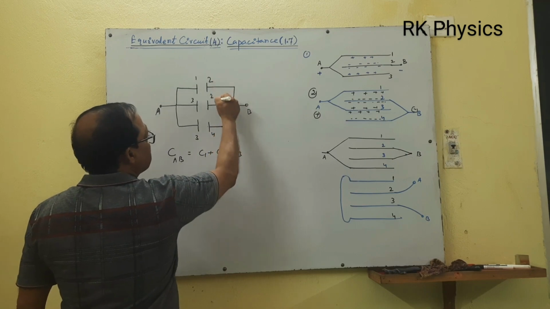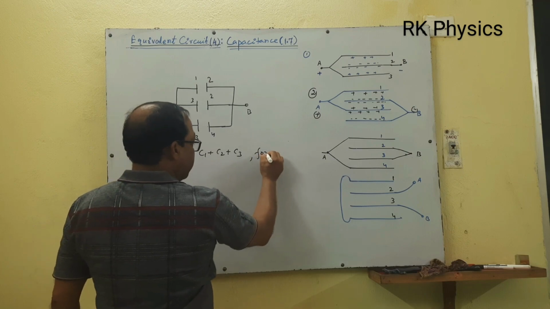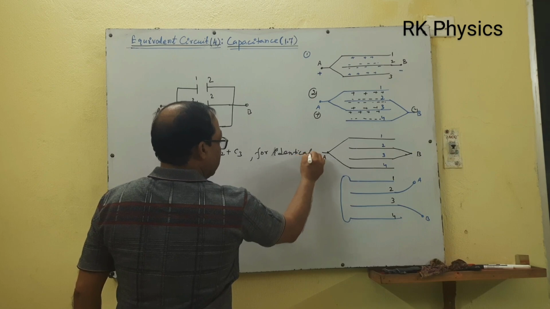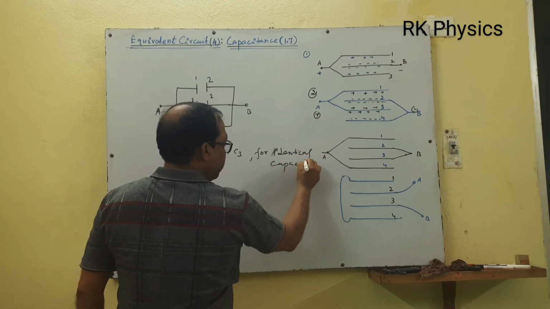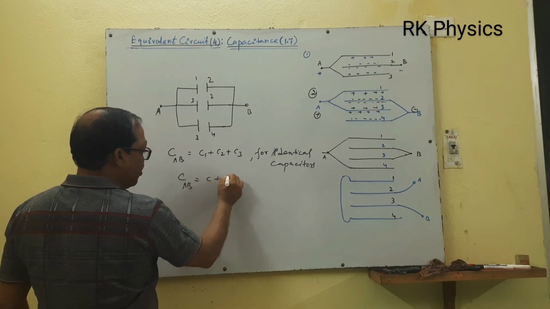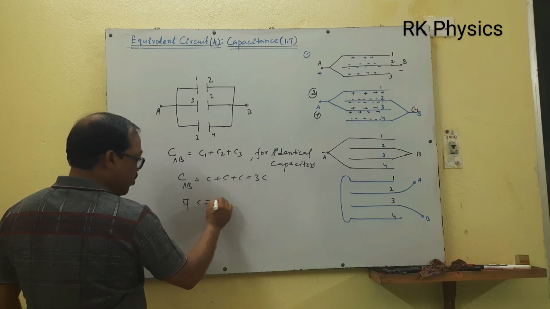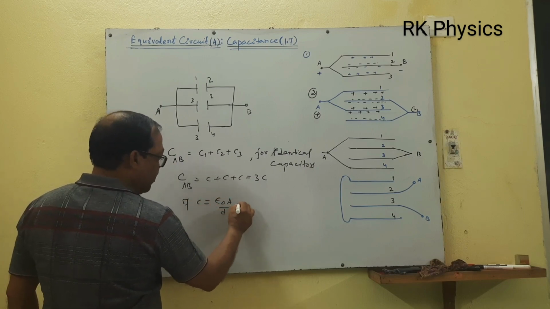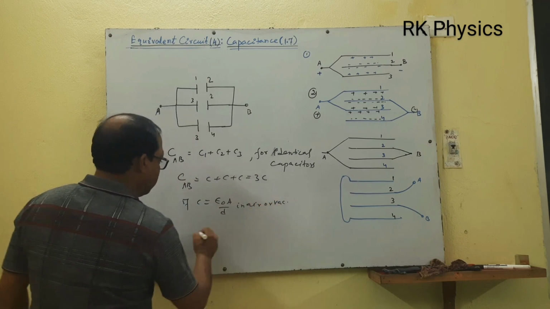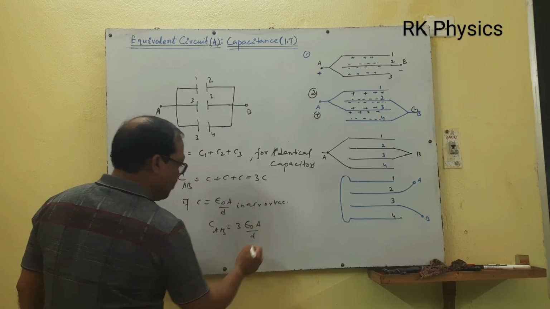For identical capacitors, CAB is C plus C plus C, that is equal to 3C. If C equals epsilon 0 A by D in air or vacuum, then CAB is 3 times epsilon 0 A divided by D.